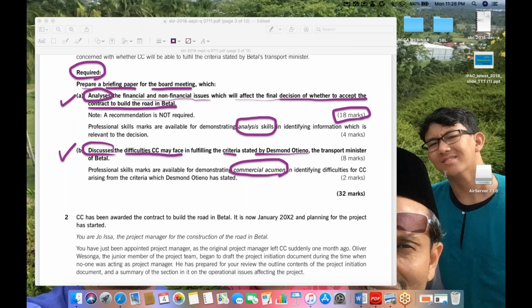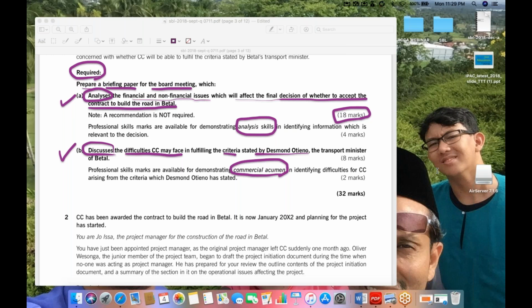You also asked, if we are to write a briefing paper, we should include both part A and B. How would we tell the examiner that we have ended the answer for part A and started answering part B? By putting in headings A and B. Let's say you answer 1A and 1B under one briefing paper.